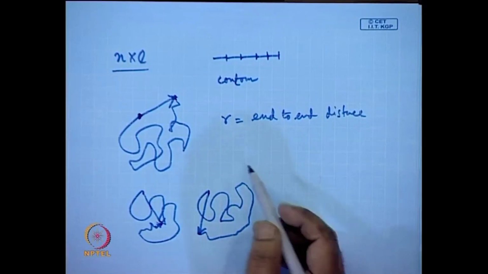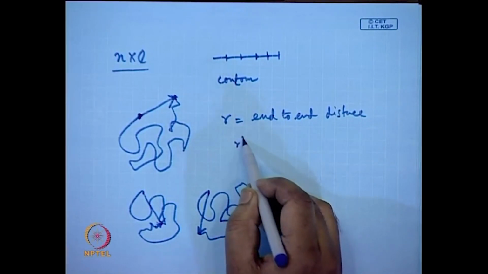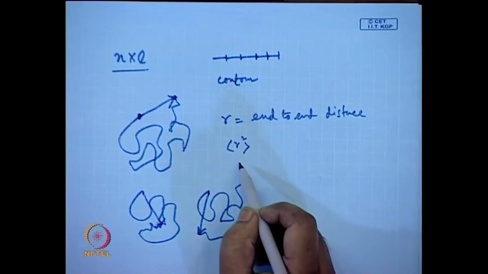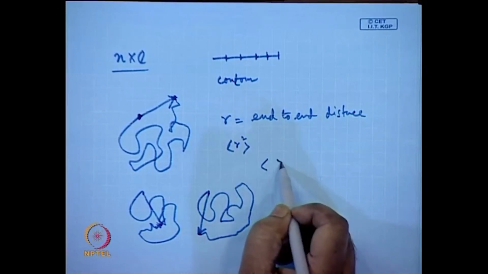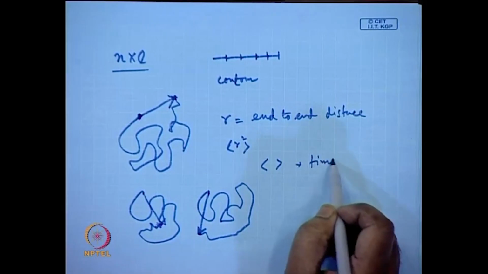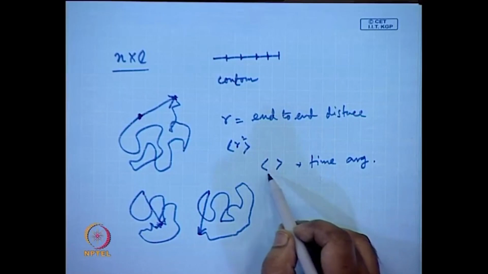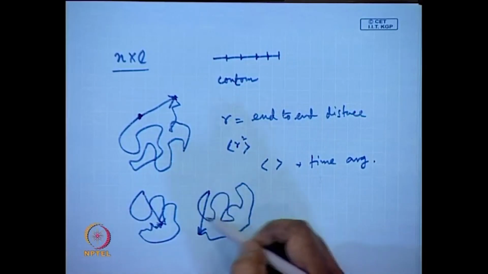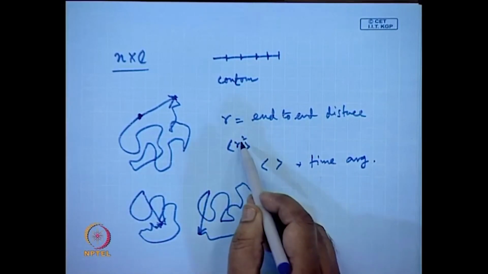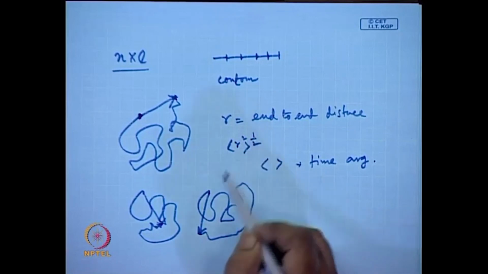and then use this term, where this represents the time average. Okay. So, with time, what is the average? R square to the power half.